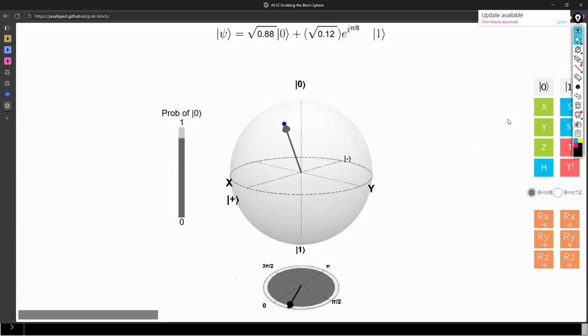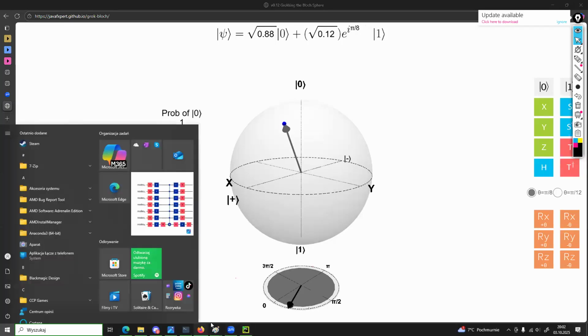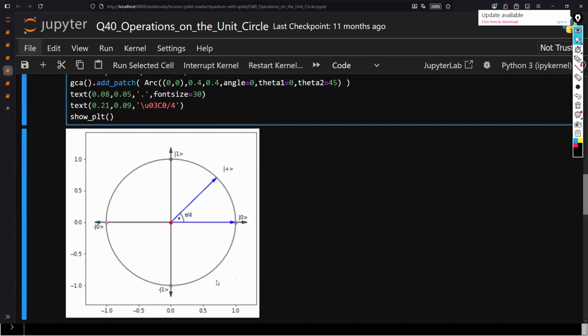And there is also our representation that will be used throughout this QBronze, and this is the representation on a unit circle. If you have any question during the solution of your assignments, always recall that we will be looking from the perspective of the unit circle.